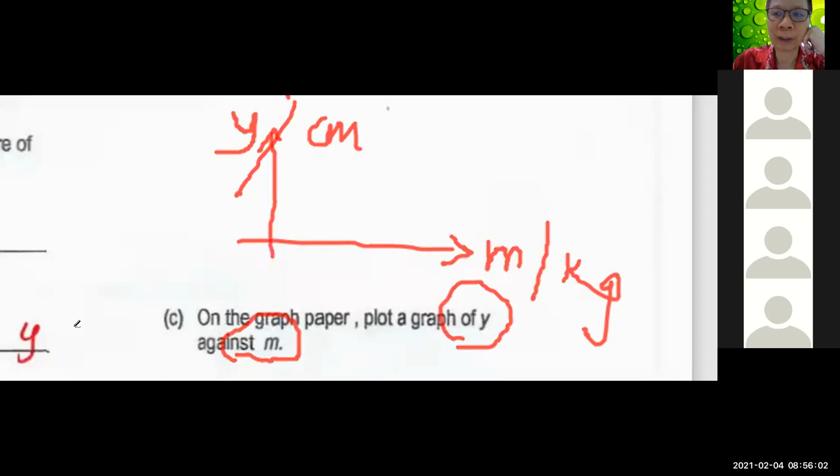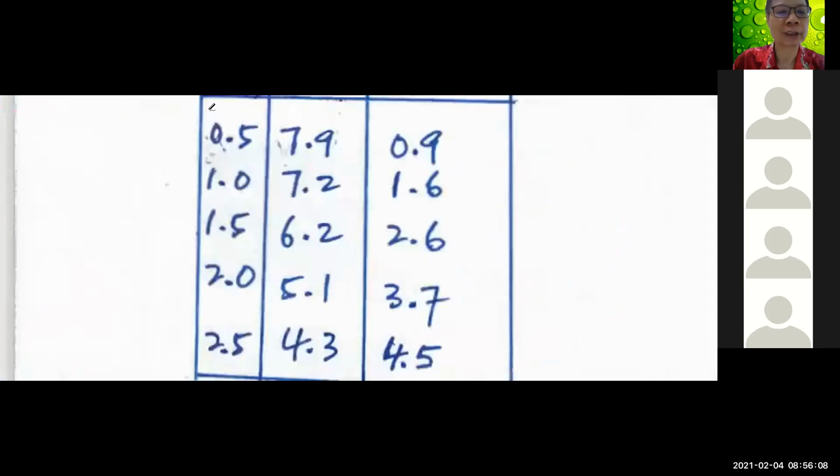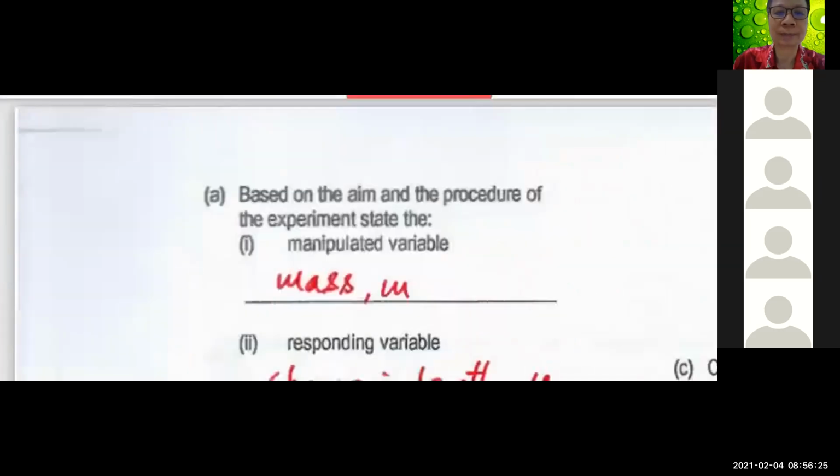Must refer to your table. Look at your table. M, no problem, 0.5. Then on the y-axis the smallest is 0.9, the biggest is 4.5. So you need to put your scale maybe until 5 is enough. On this one you put your scale until 2.5.